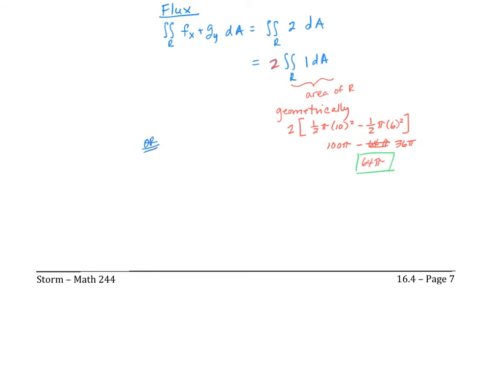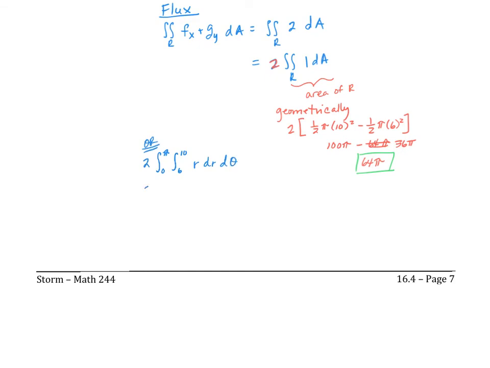Another way we can compute flux is, remember, we have this 2 in the front. It's going to be the double integral over the region, which we could actually define. Remember, our theta goes from 0 to pi. R goes from 6 to 10. And the integrand is 1, so if I write this in polar, it's going to be r dr d theta.